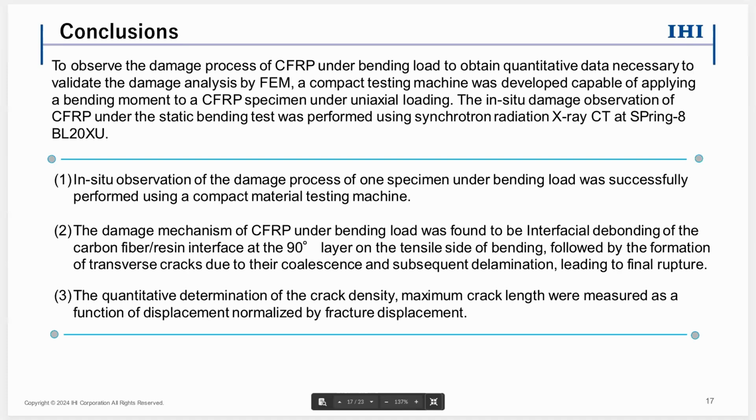The damage mechanism of CFRP under bending load was found to be interfacial debonding between the carbon fiber and resin interface at the 90-degree layers on the tensile side of bending, followed by formation of transverse cracks due to their coalescence and subsequent delamination, leading to final rupture. The crack density and maximum crack length were measured as a function of displacement normalized by rupture displacement.